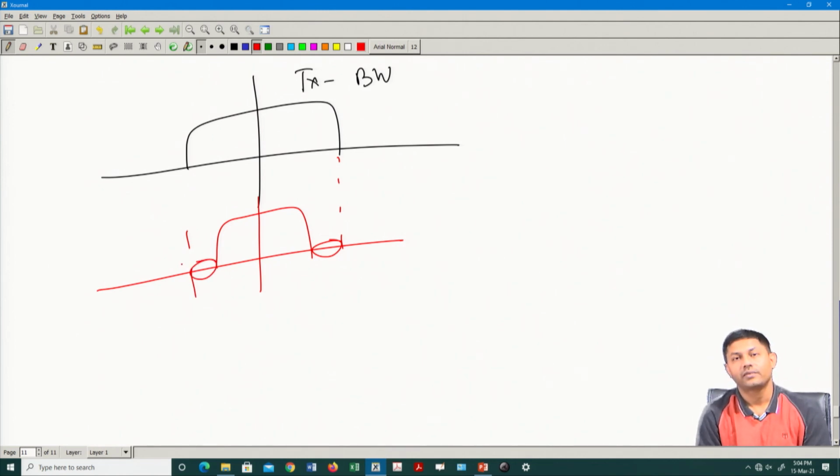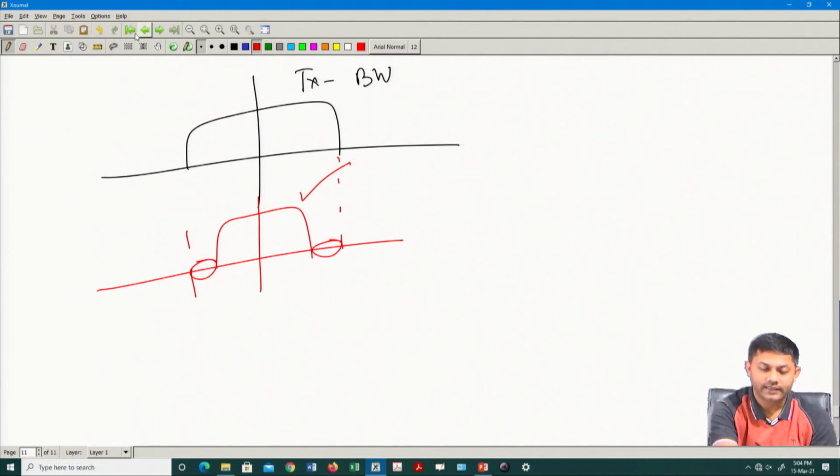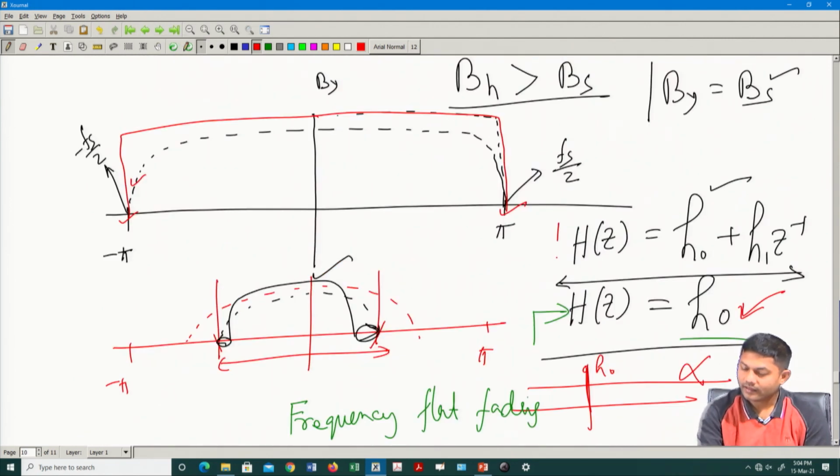So, what is the impact of it? You will see some sort of aliasing effect, because only aliasing can effectively kill some of the data that you are transmitting. So, when you lose some of the components after transmission, it simply means that you may have some sort of aliasing in your time domain. That is reflected when your channel has more than one tap.